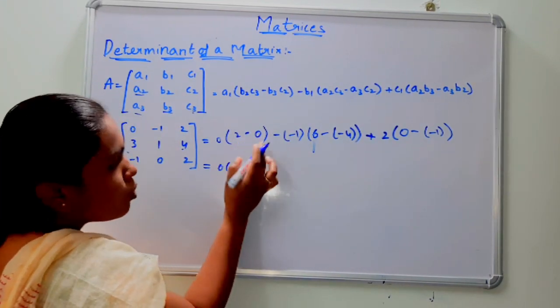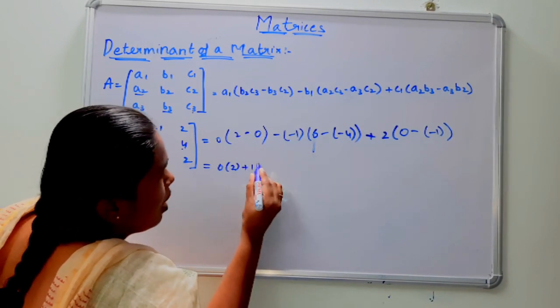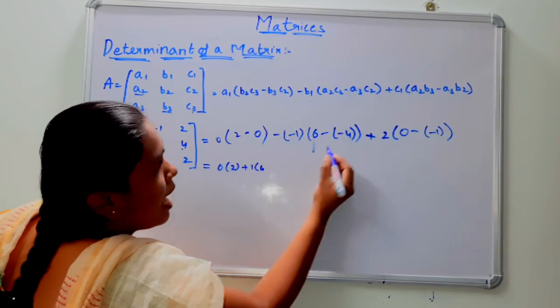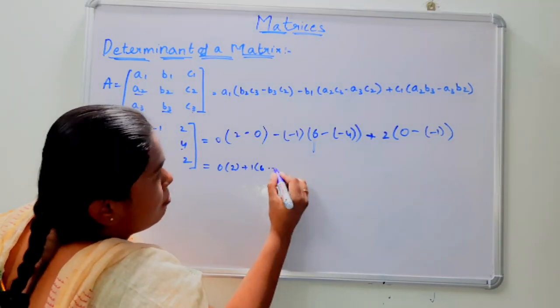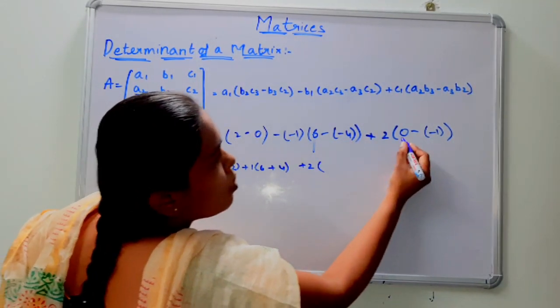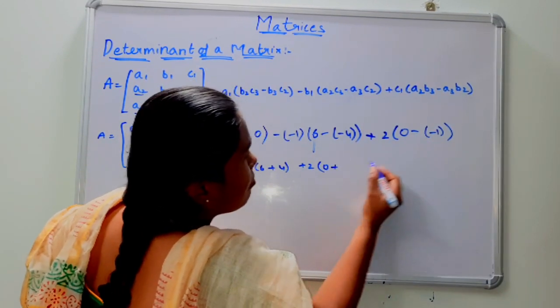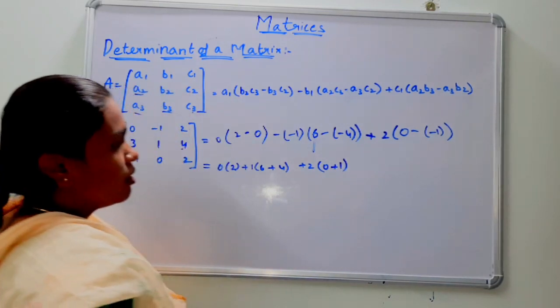0, 2 minus 0, 2. Minus into minus, plus 1 into 6. And here minus into minus, plus 4. Plus 2 into 0, minus into minus, plus 1.